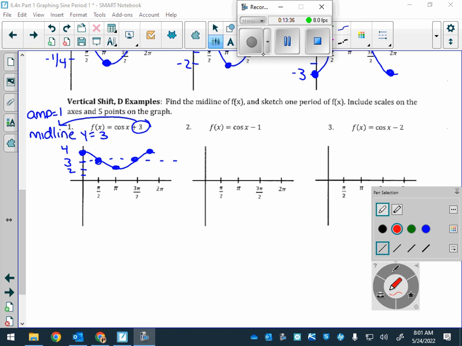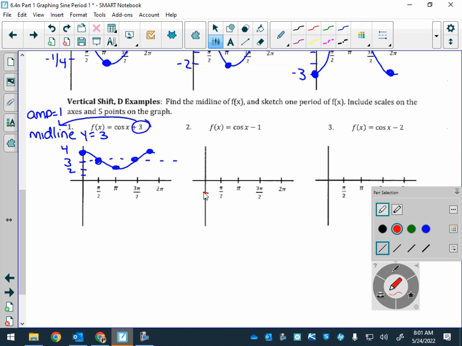For number 2, what is our midline? Zach? -1. Awesome. What is our amplitude? Nick? 1. So 1 above, so the highest point would be 0. The lowest would be what? -2.